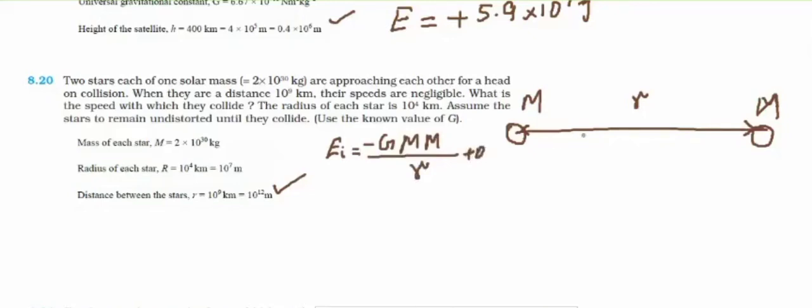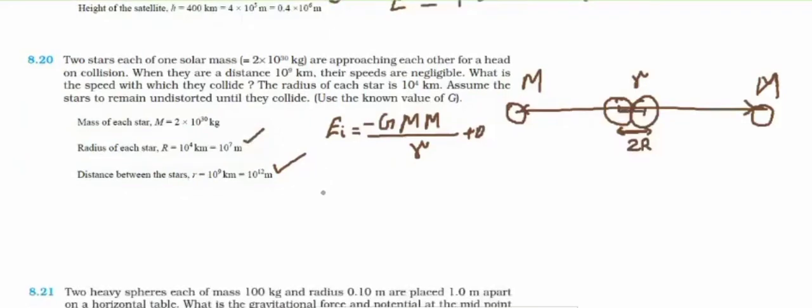Then afterwards, these two stars collide. When they collide, the distance between the centers of the stars is 2r, 2 times their radius. Radius is given already, 10 power 7 meter. So what is the final energy?